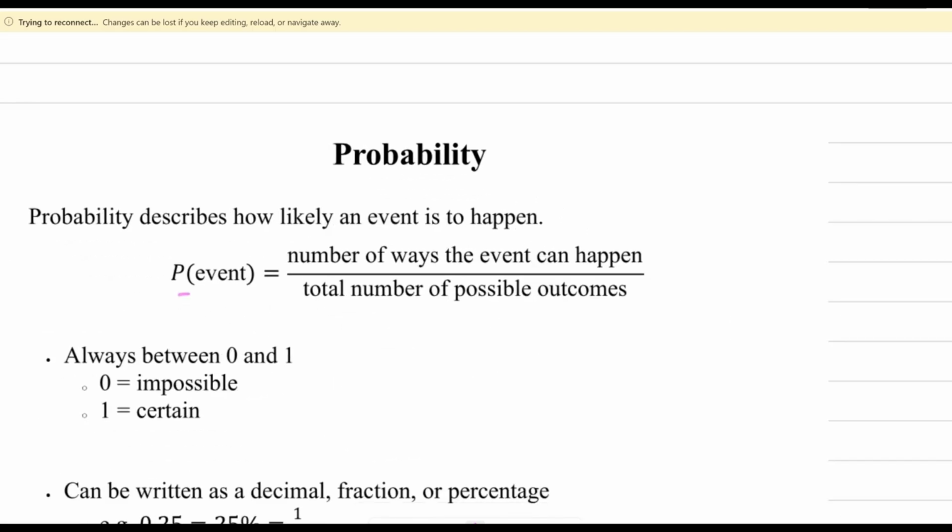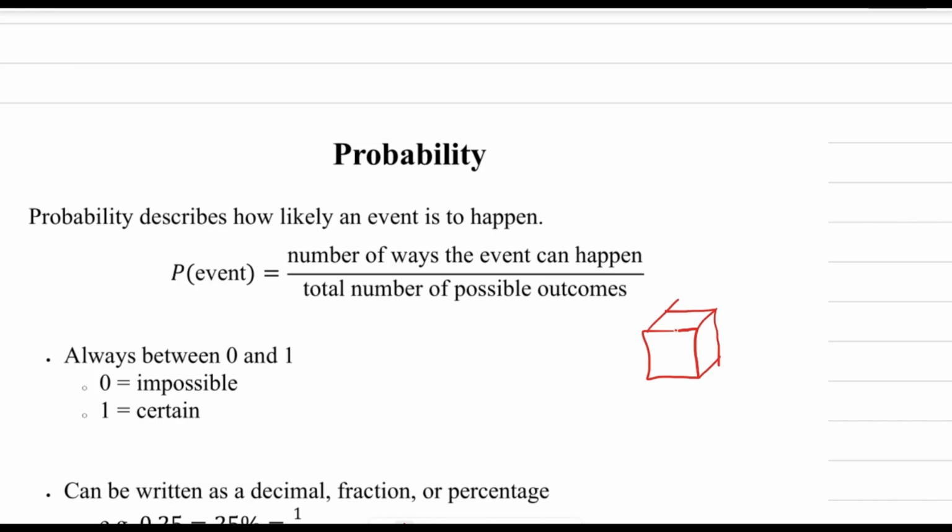Look at this one, telling you the probability of any event, whatever the event, equals the number of ways that event can happen divided by the total number of possible outcomes. What does it mean? Imagine that we have a dice, and let's draw this dice now.